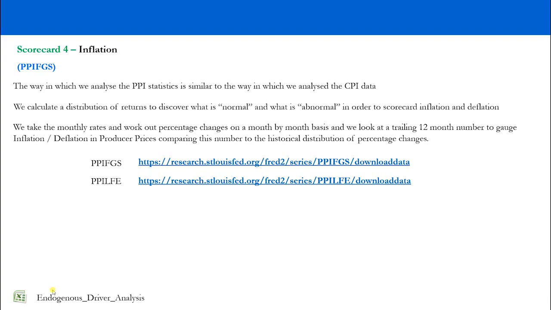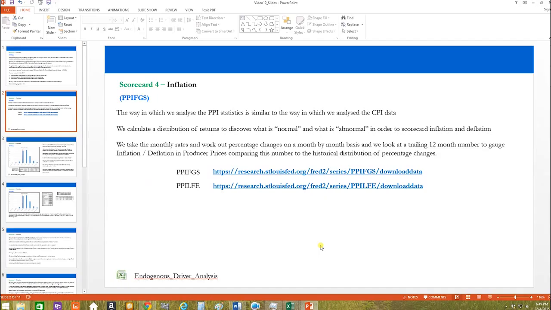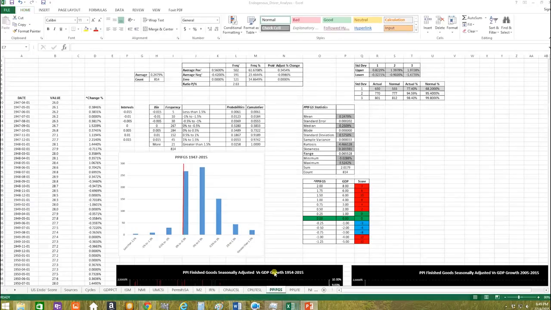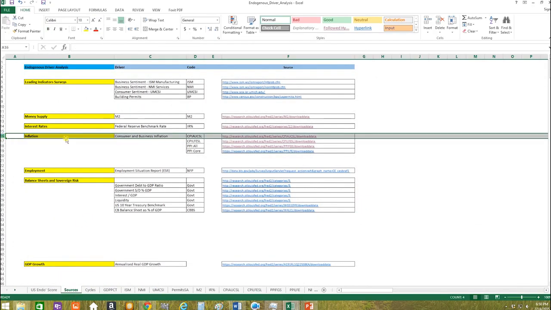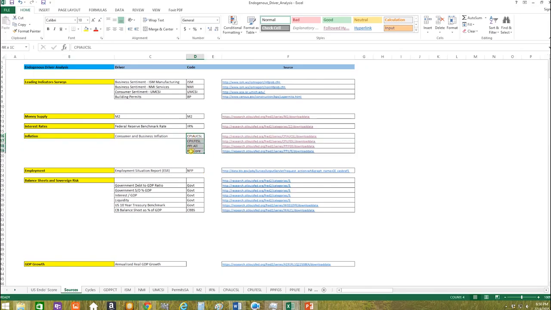We can go to the endogenous driver analysis spreadsheet over here, and we can start to look at the data and how we work this out. So we want to be here in the PPI FGS tab here. But first, let's go over to the sources tab. And you can see here in inflation on row 16, we have our CPI and our PPI stats.